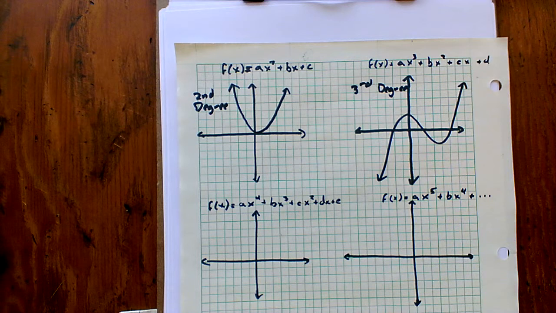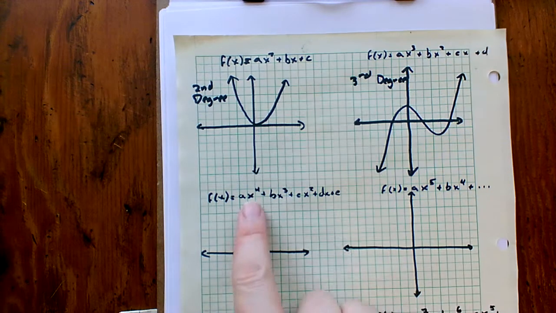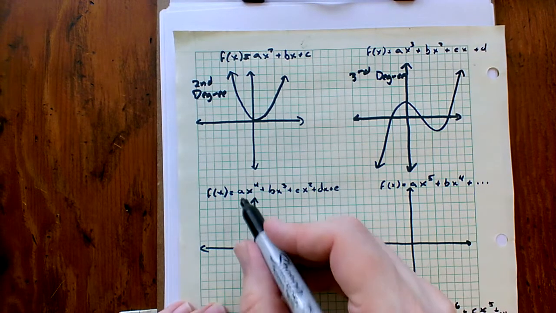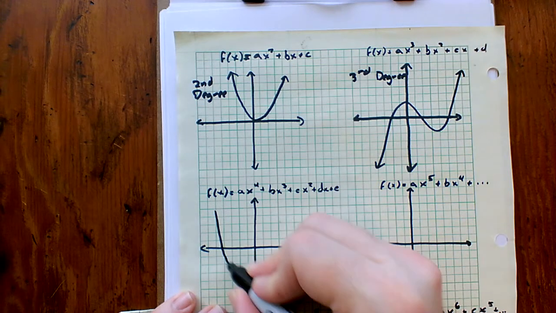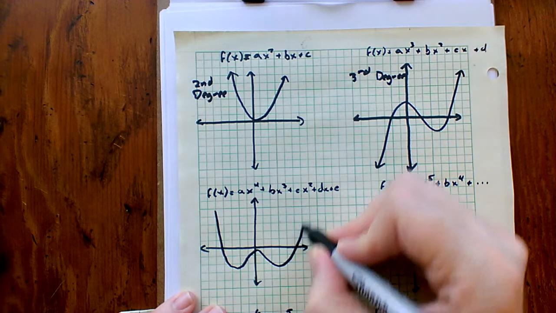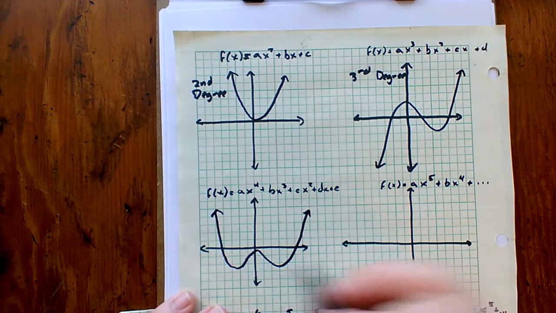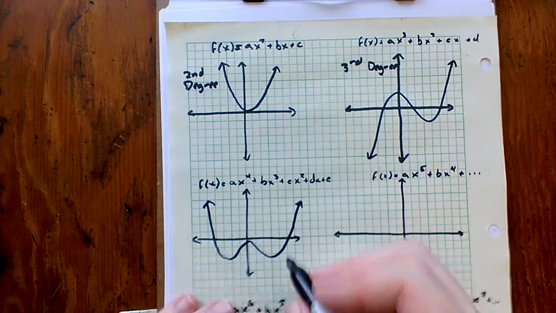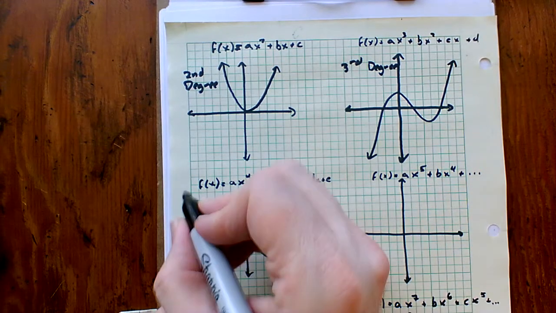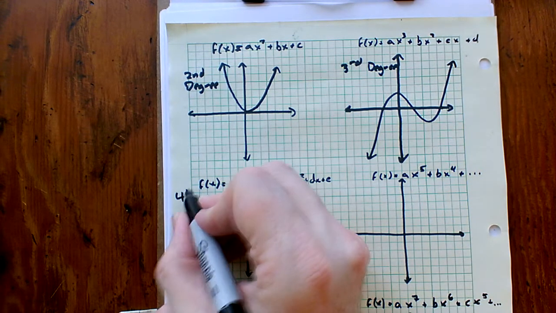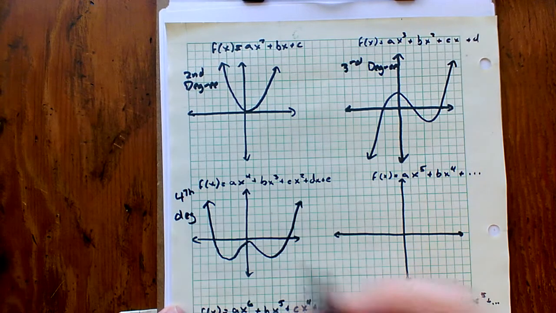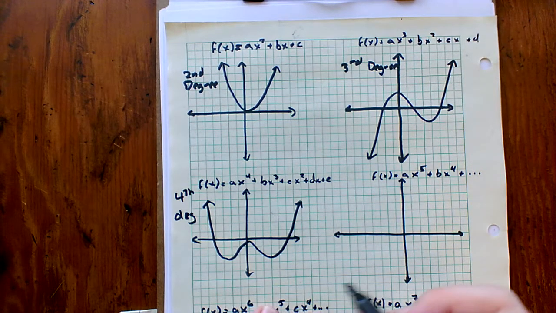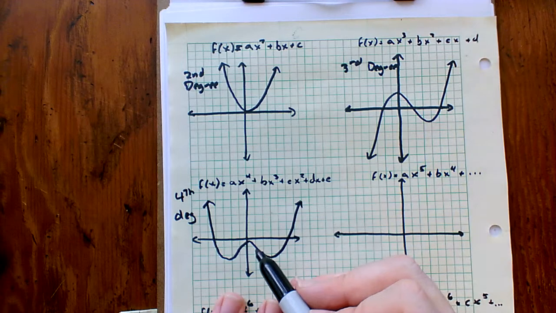Well, let's see what the rest of the trend would look like. What happens if I have a 4th degree polynomial? Again, I'll have both ends up. But with this, I could have more turning points. So here, this is a 4th degree graph. It could look like this.